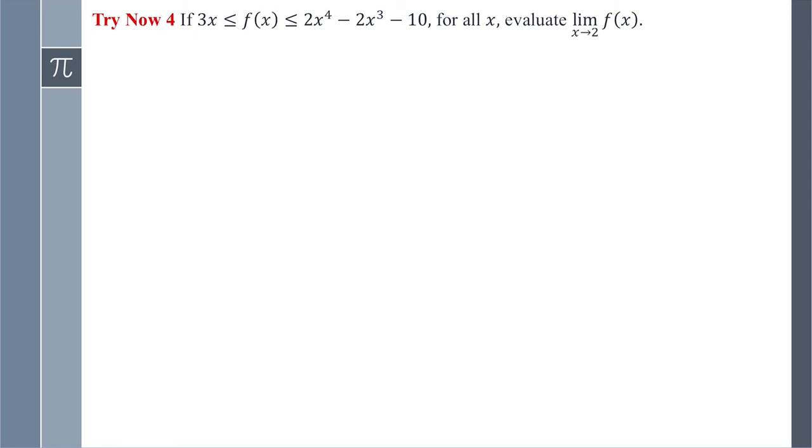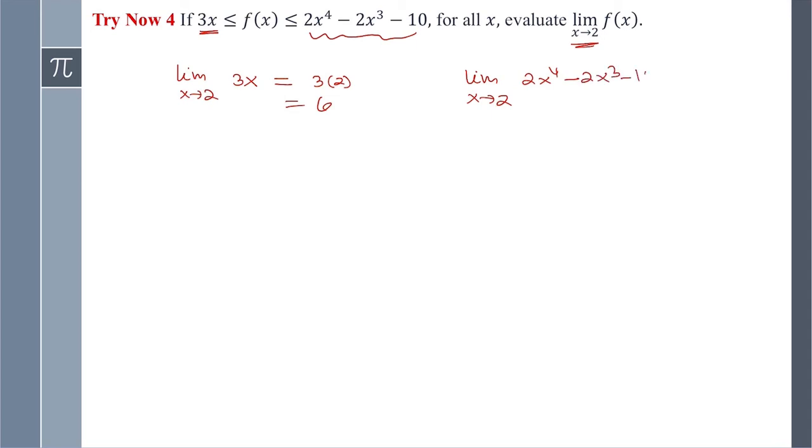So let's go ahead and find the limit as x approaches 2 of the left function or the lower function, which is 3x. And then we know that we can do direct substitution. So this is 3 times 2, which is 6. Now similarly, let's go ahead and find the limit for this function. So the limit as x approaches 2 of 2 times x to the fourth minus 2x cubed minus 10 equals, so we can do direct substitution.